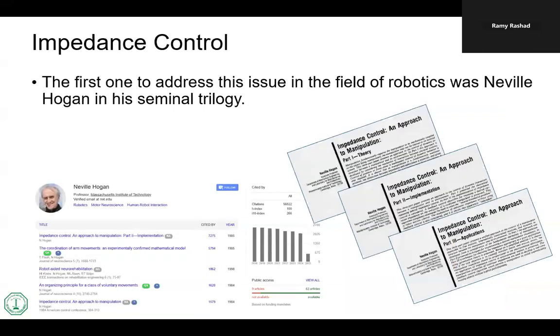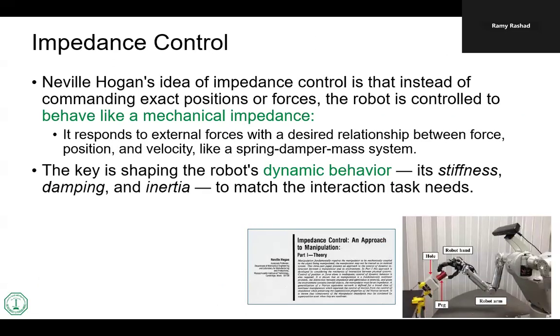So impedance control was introduced by Neville Hogan, I think in 1985. He published 3 papers. They're seminal, so they're very popular. And actually these citation numbers were from last year, so they will be higher now. The idea is very simple.